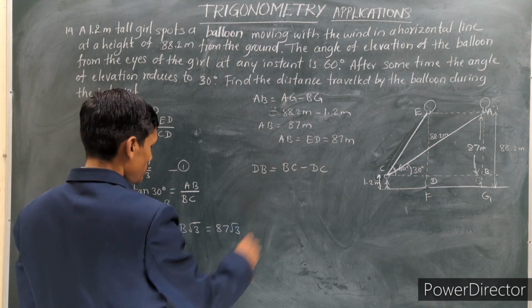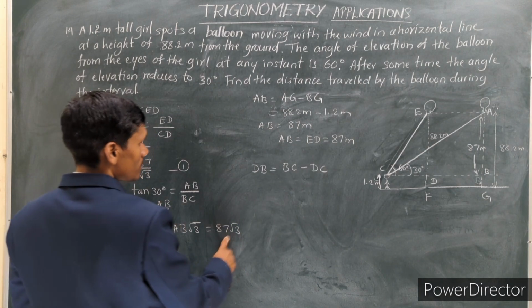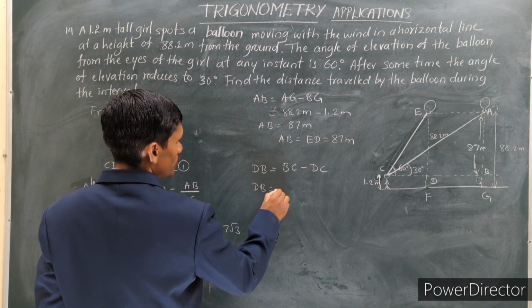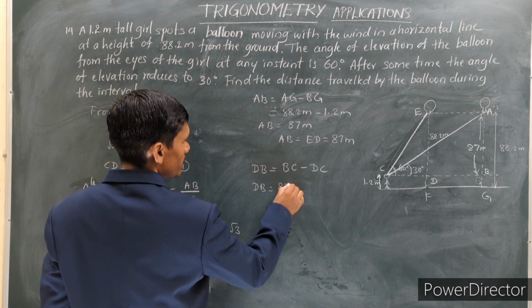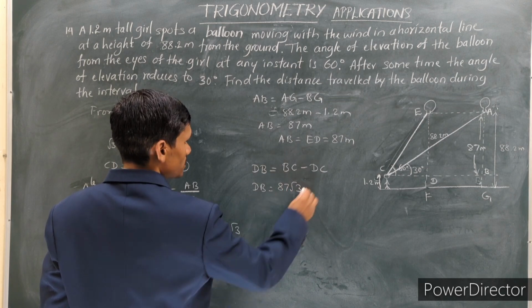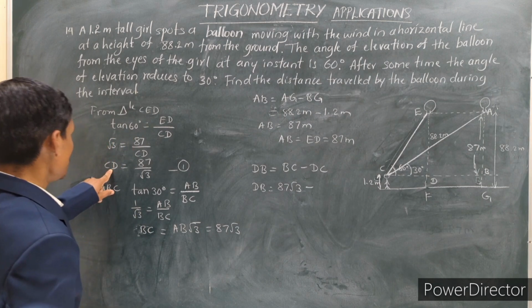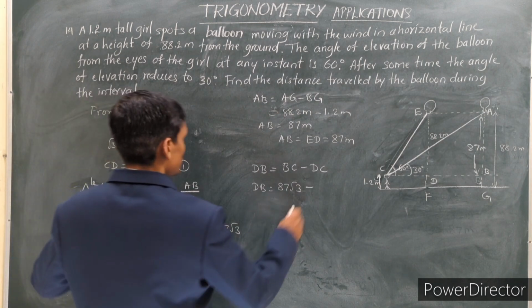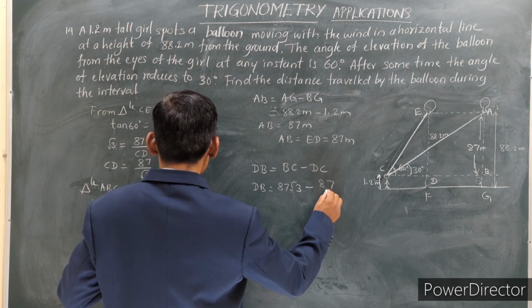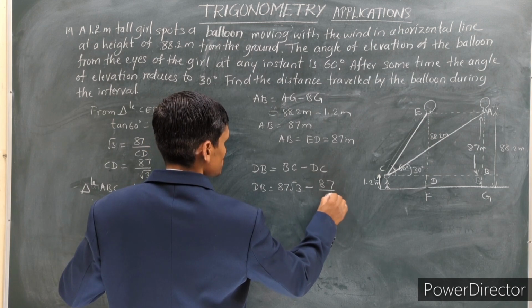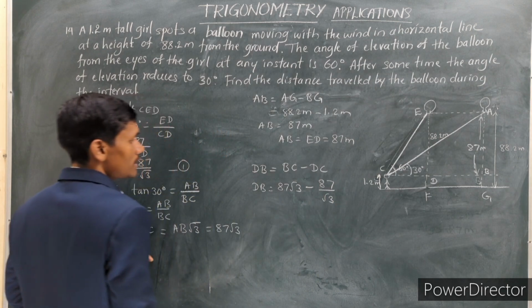So BC we have got already, that is 87 root 3. dB equal to 87 root 3 minus DC or CD, both are equal, what is that? 87 by root 3.